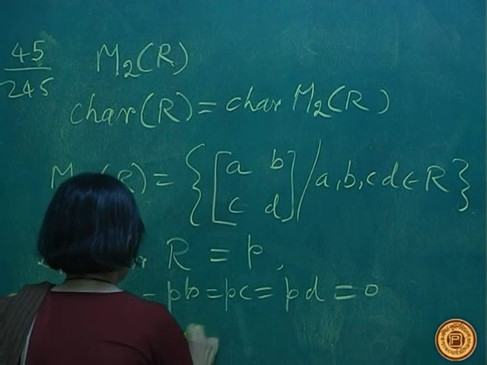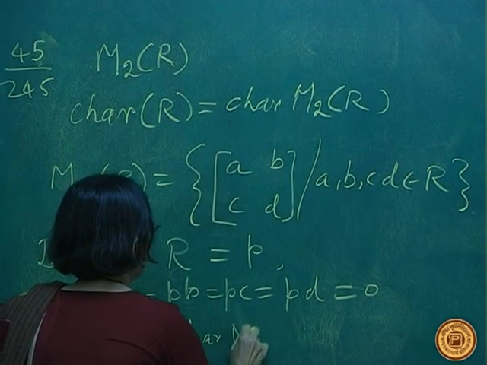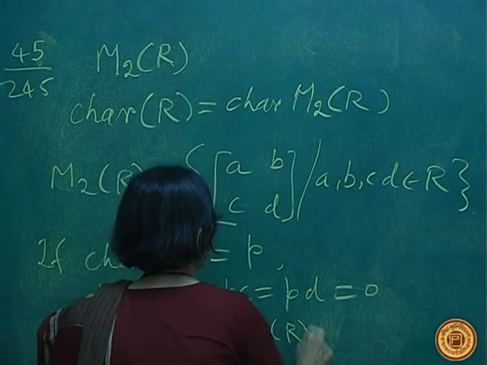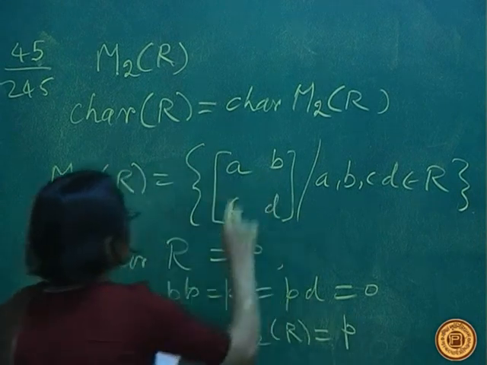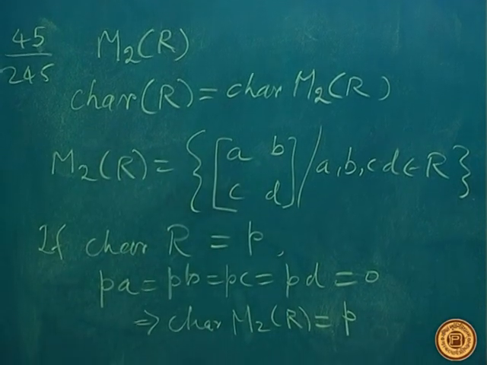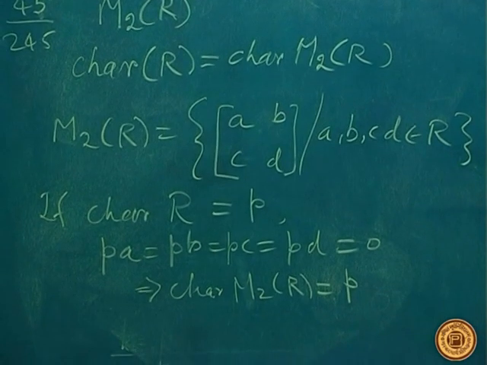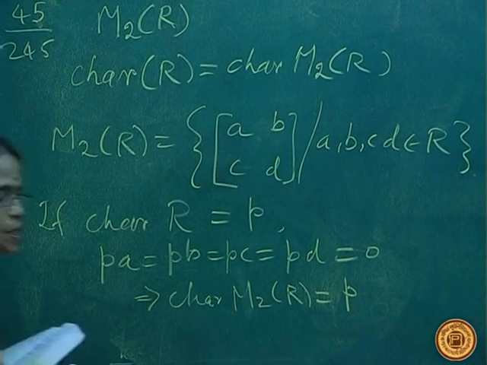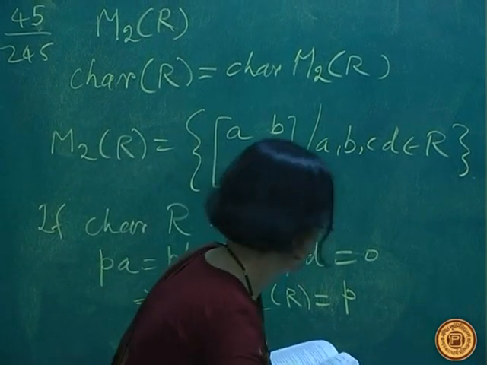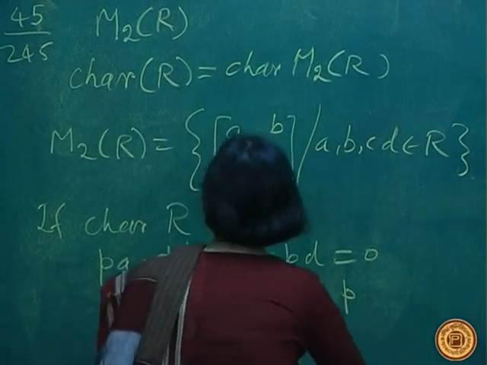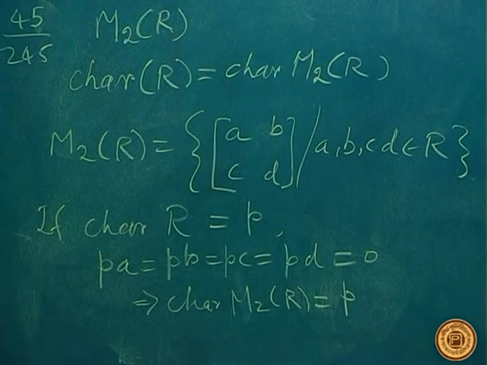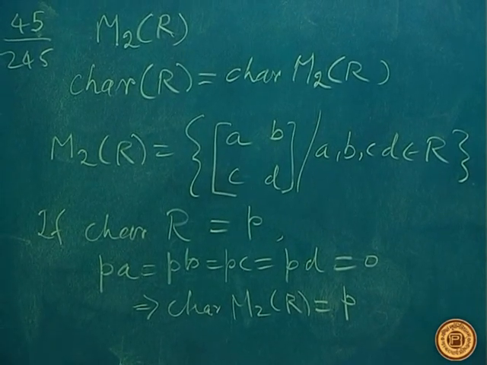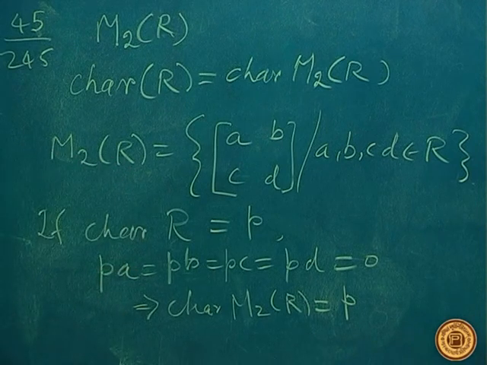Therefore, the characteristic of M2(R) is also equal to p. Because if you add the matrix to itself p times, then it will be 0. If the characteristic of R is equal to 0, then you can similarly show that the characteristic of M2(R) is also 0.